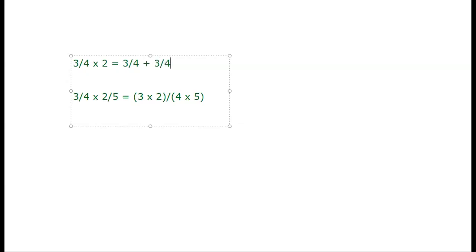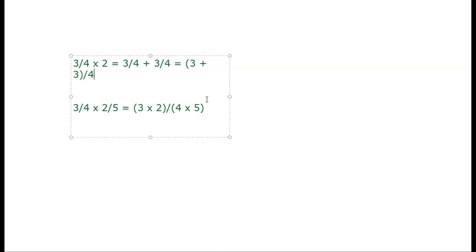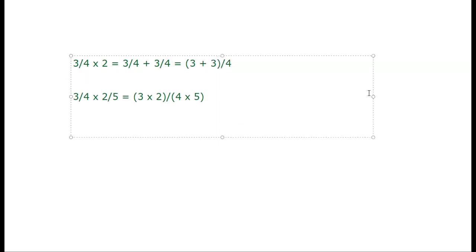This is something they know. So they will automatically get that this is 3 by 4 plus 3 by 4. And now the top is nothing but 3 times 2, over 4. So why the 2 should be multiplied only with the top comes out very clearly from here.